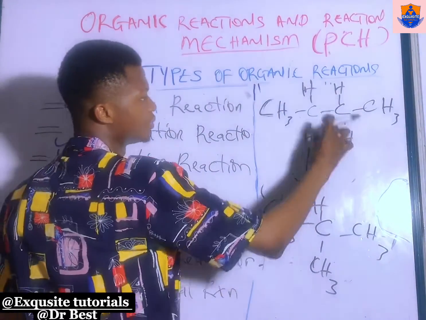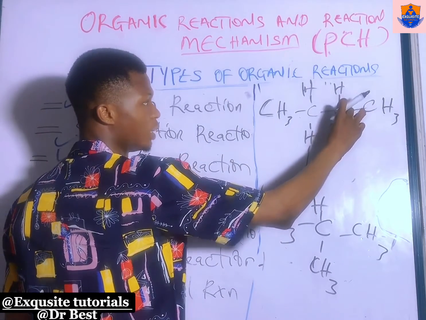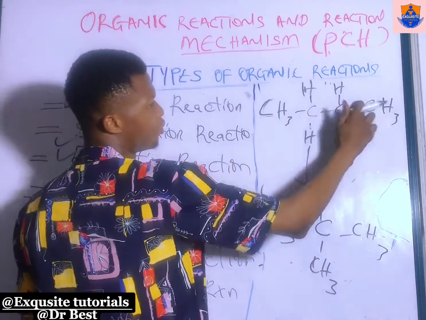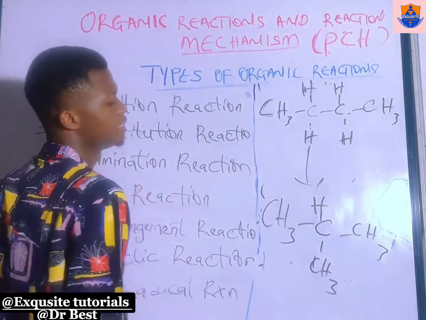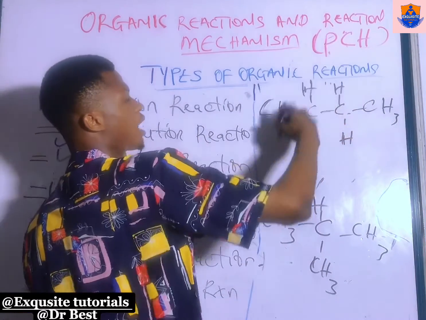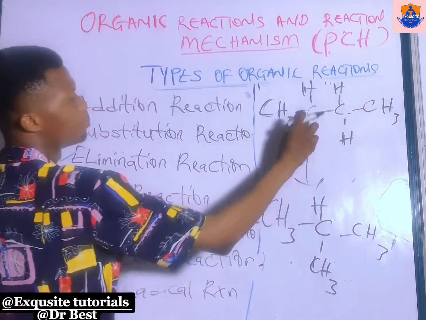I just rearranged. I just took away this atom here and brought it here, right? Then I brought this one here. So I just rearranged it to give me this. The same compound, nothing changed. I just changed some atom from a particular center to another. So I moved this atom from this center, brought it to this center.